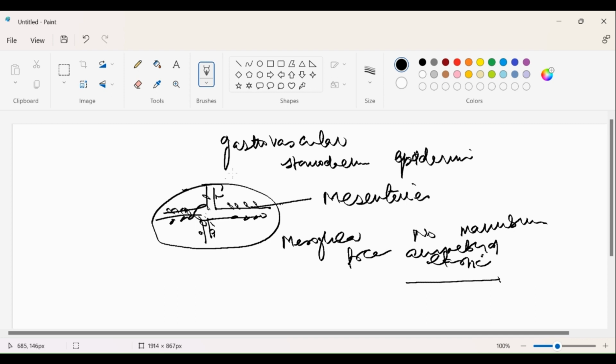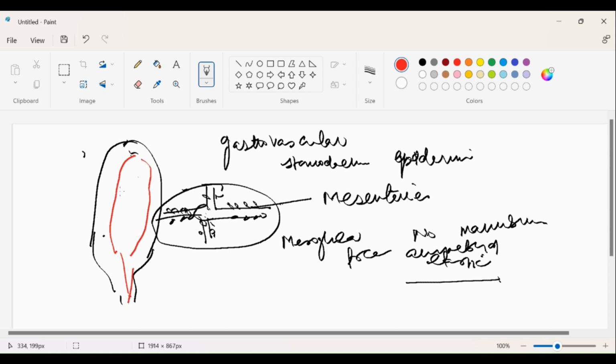Anthozoa is a polyp form. This polyp has a much thicker mesoglea as compared to the polyp of Hydrozoa. I'm making the inner layer, and here is the gastrodermal cavity. The mesoglea I would make with a different color. So this is much thicker.